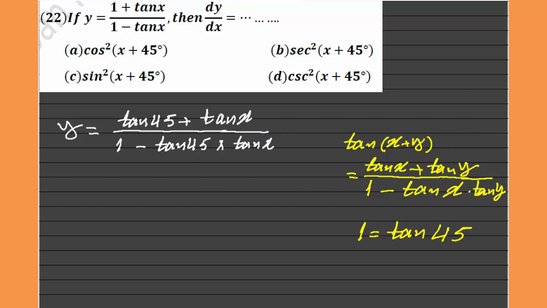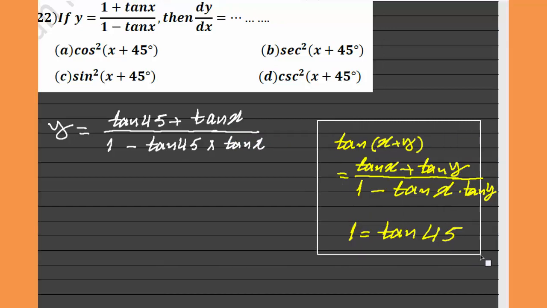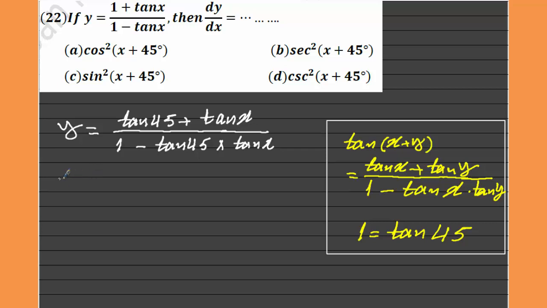It is the same form here, right? So y equals tan 45 plus tan x over 1 minus tan 45 multiply tan x, which equals tan of 45 plus x.